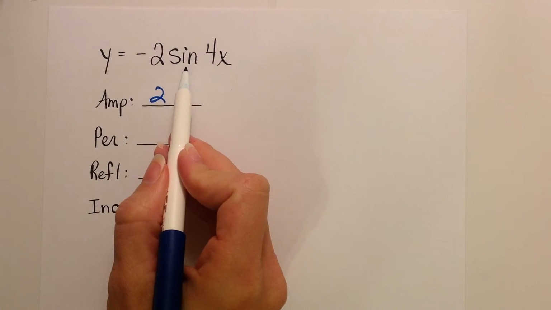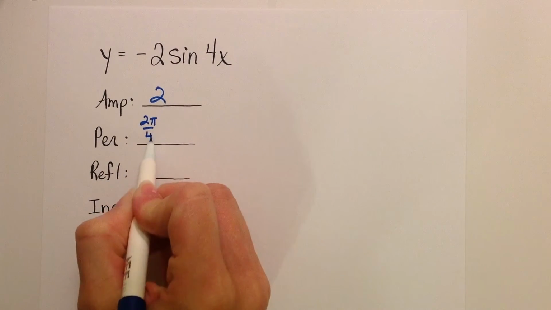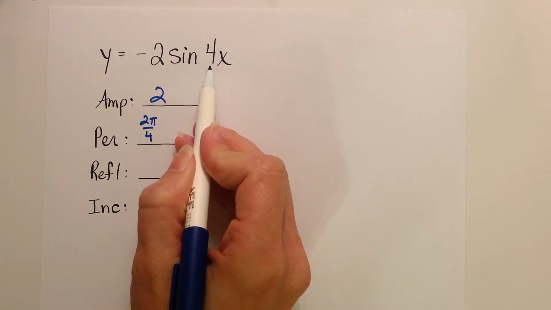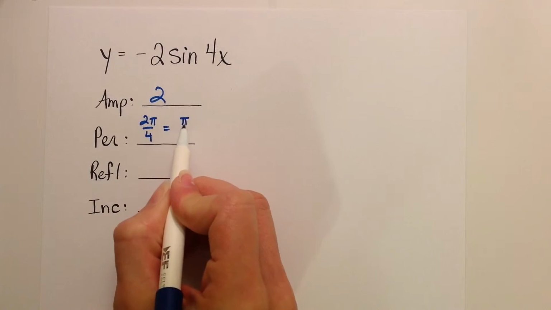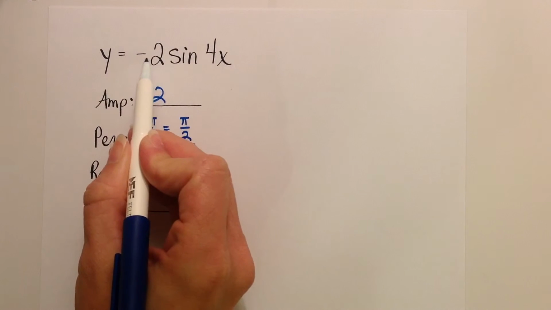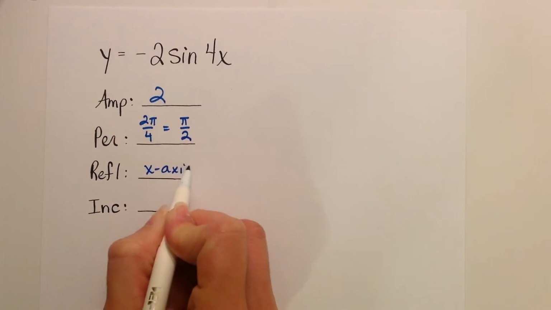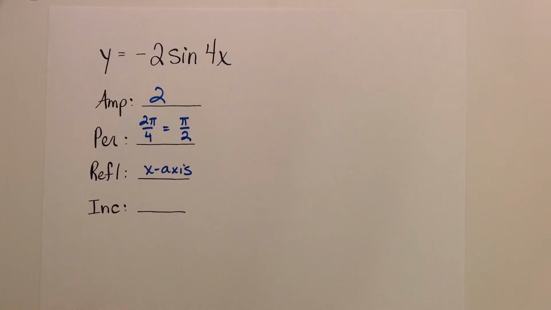Now, even though I switched over to sine, your standard period for sine is still 2 pi. So you'd have 2 pi divided by 4, because that's my b, and that's going to reduce to be pi over 2. Now, since I do have the negative here with my amplitude, I do have x-axis reflection. So just write the word x-axis in the blank.